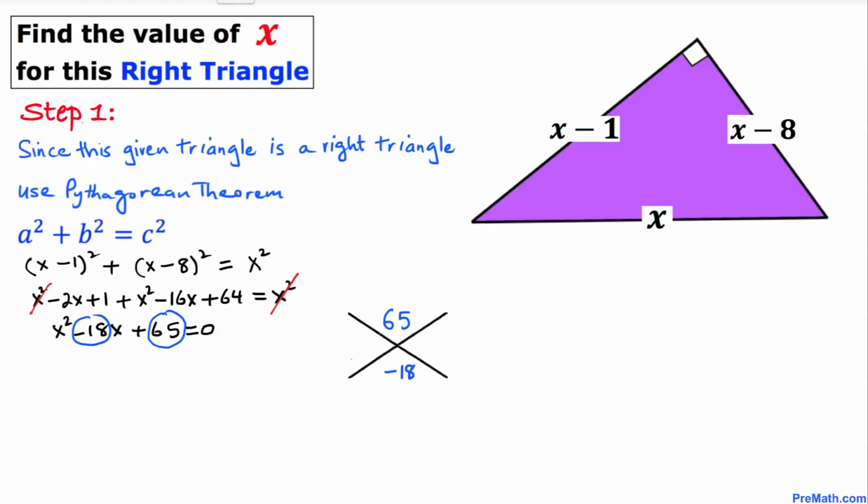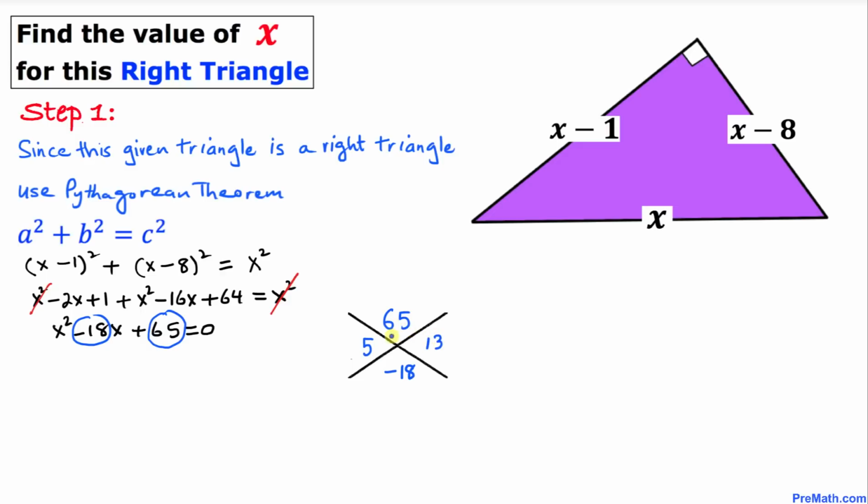Now we are going to find the factors of 65 such that if we add or subtract, we should get negative 18.